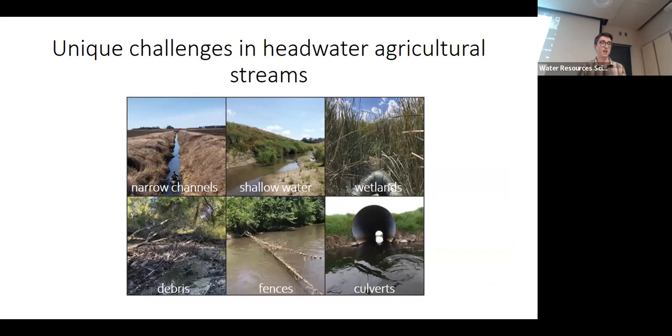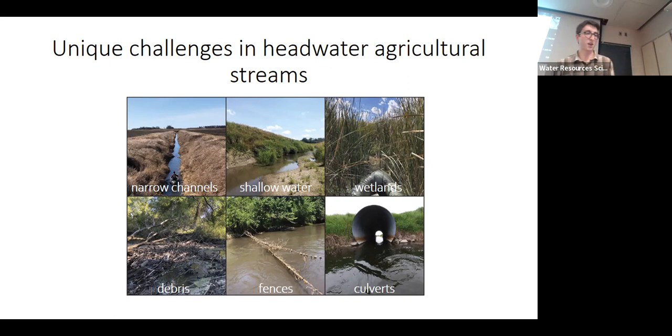But there are some unique challenges to measuring the systems that we're interested in measuring. So these headwater agricultural streams can be characterized by narrow channels and shallow water, which would pose a problem for even a canoe oftentimes. Wetlands, debris, and fences would pose a problem for a remote operated drone, culverts as well.